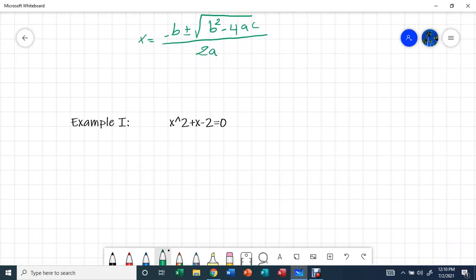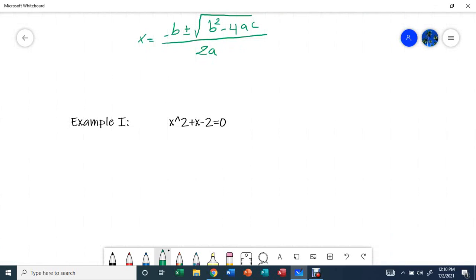So the first one is x squared plus x minus 2. So let's list my a, b, c's here. So a is 1, b is 1, and c is -2. So the formula says x equals negative b.